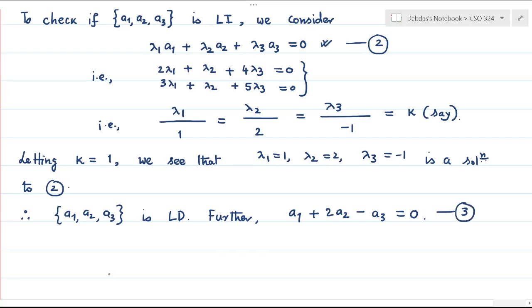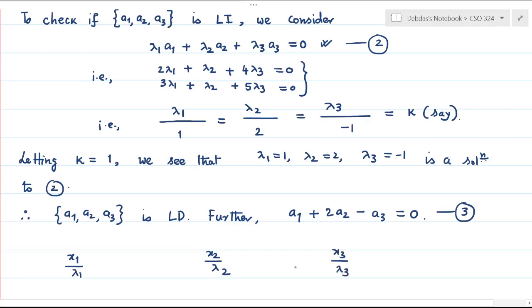Then we have to now find the ratios of xi bar divided by lambda i. So I am now calculating x1 by lambda 1, x2 by lambda 2, x3 by lambda 3, all of them.